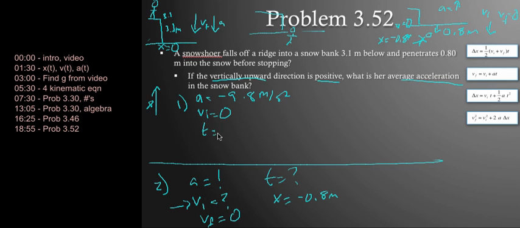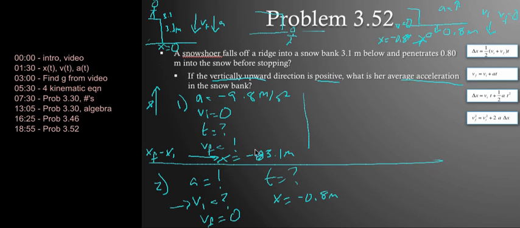We don't know time, and we don't care about it. We would like to know this final velocity. And we know that x equals minus 3.1, sorry, because this x is x final minus x initial. Remember this. So here we're taking 0 minus this 3.1, and that gives us this negative number.